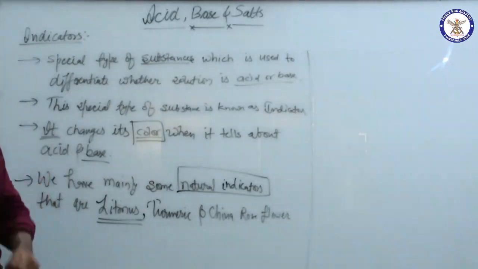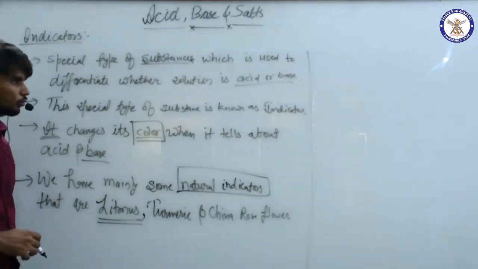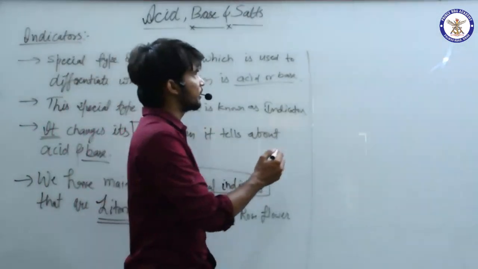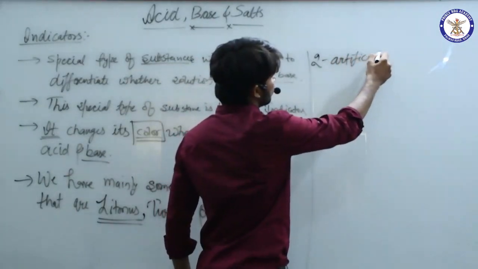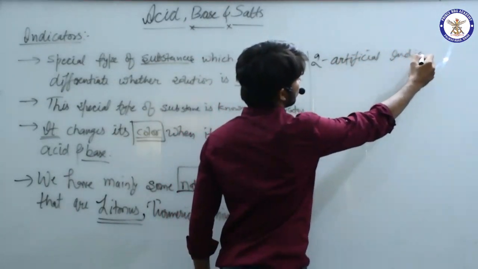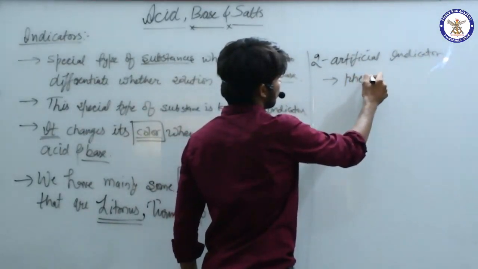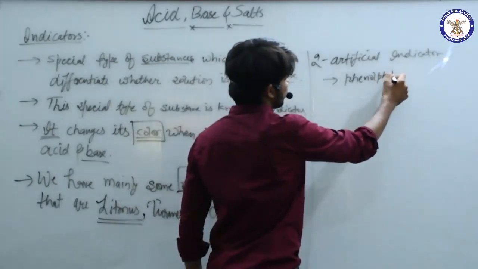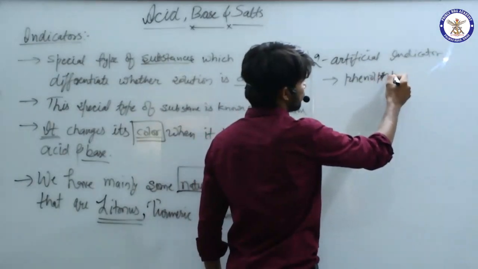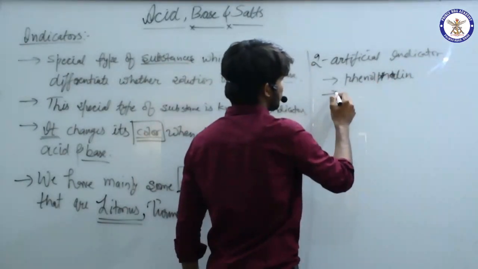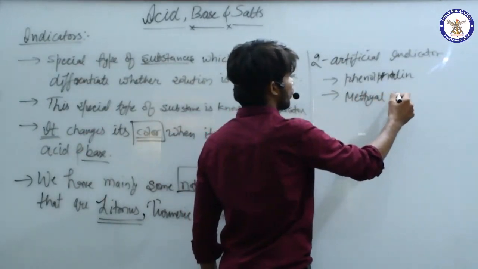And we have two artificial indicators also. That is phenolphthalein, and the second one is methyl orange.